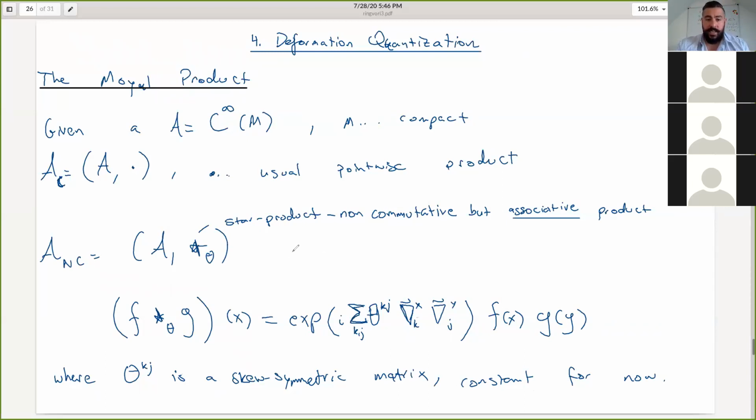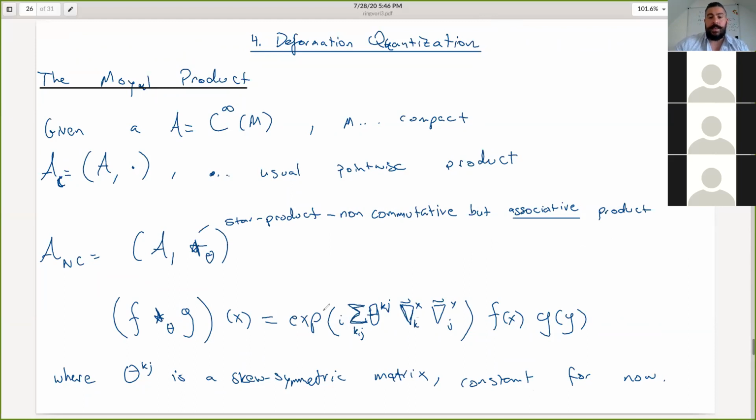I can already tell you that it's non-commutative, which means f star g is not equal to g star f, as is the case for the usual pointwise product, right? x squared times sine of x is the same as sine of x times x squared. The order is not that important, but in the star product it is.